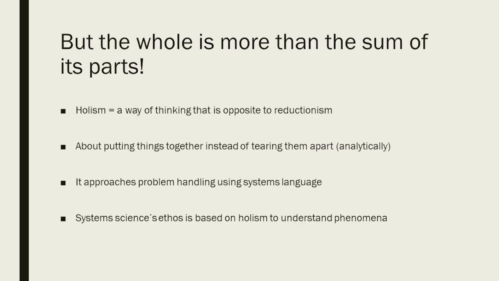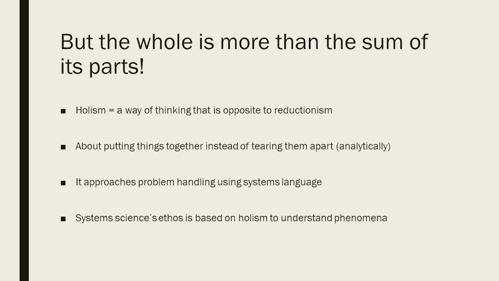Because the whole is more than the sum of its parts, as Aristotle and other philosophers and thinkers like Kurt Koffka thought. This fundamental way of thinking is known as holism. Holism is different from reductionism. It is about putting things together instead of tearing them apart analytically.